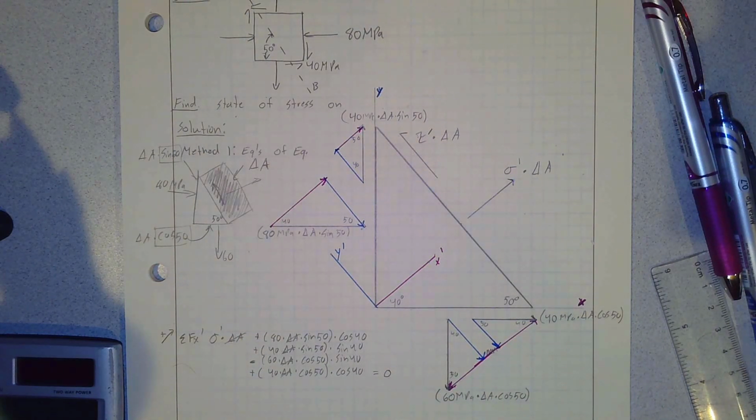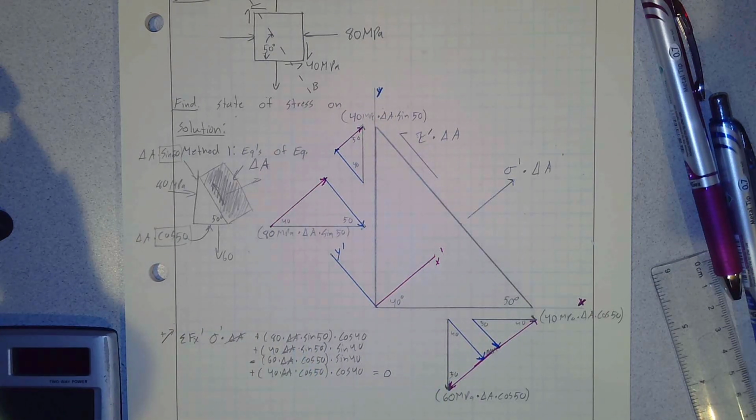Okay, so now that I clarified that, let's go ahead and plug in values for each of these 4 components. So 80 times sine of 50 times cosine of 40 plus 40 times sine of 50 times sine of 40 minus 60 times cosine 50 times sine of 40 plus 40 times cosine 50 times cosine 40.